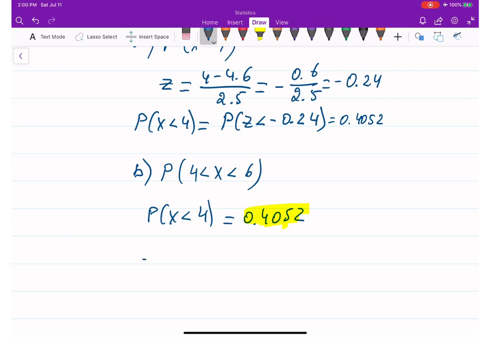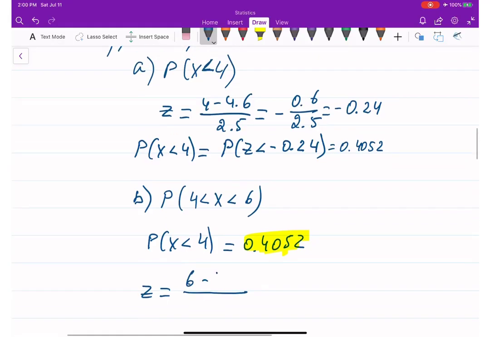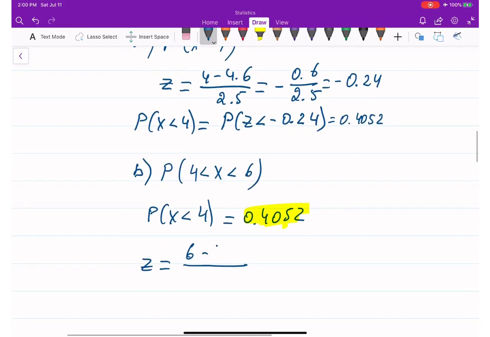So z is equal to 6 minus, how much was mu? 4.6, divided by 2.5.